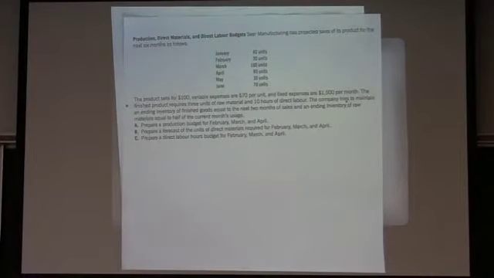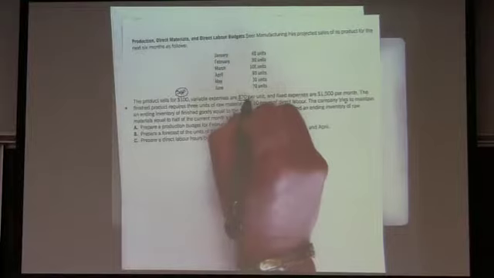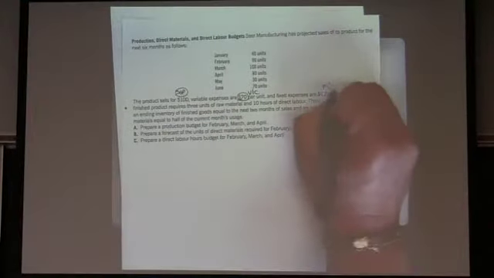So in this question, it's basically a company that has the following projected sales for the next 6 months. And you'll see that the sales price is $100. The variable expenses are $70, and the fixed cost is $1,500 per month.